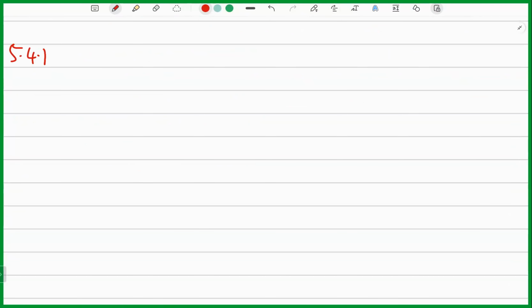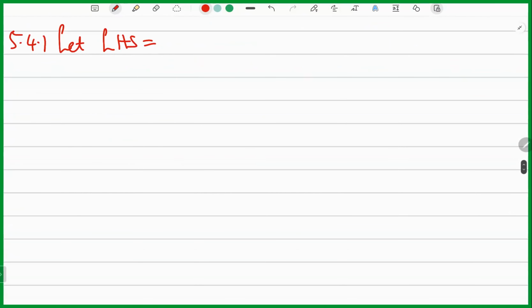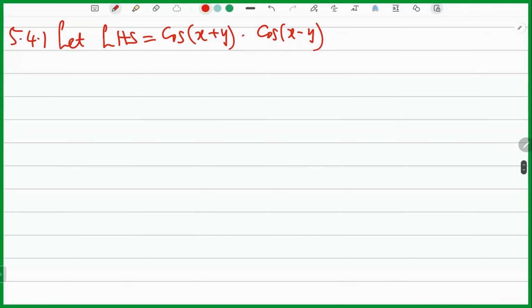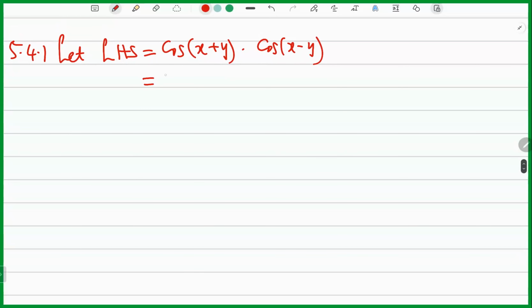Now to prove this identity, you take a side. So we're going to let the left-hand side be the cosine of x plus y into the cosine of x minus y. We remember something we have learned called the compound angle formulae.